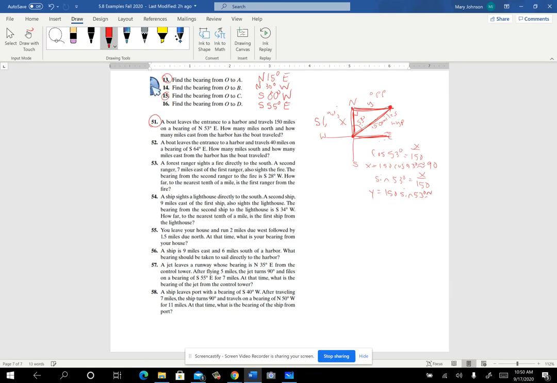And this right here, I'm going to go back up and just change it from cosine. I'm going to hit the sine button, but keep 53 in there. And I get that one to be about 120 when I round. Okay, and the x was north. So you would say for 51, it would be 90 miles north, and it would be 120 miles east.